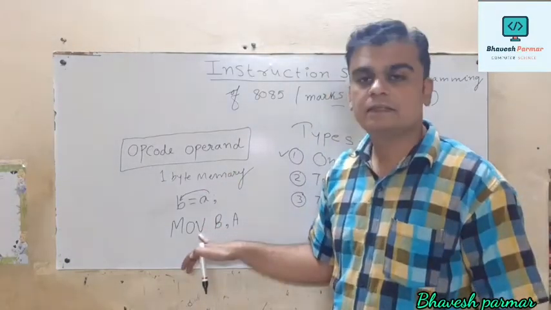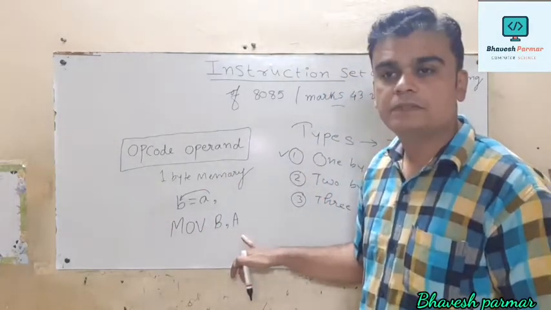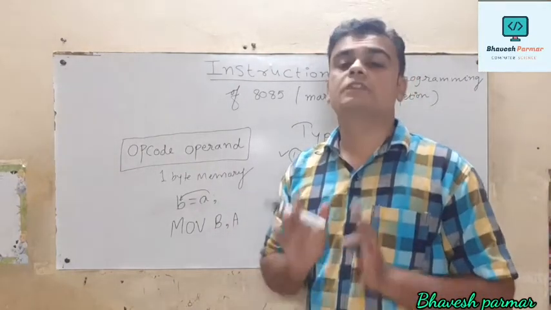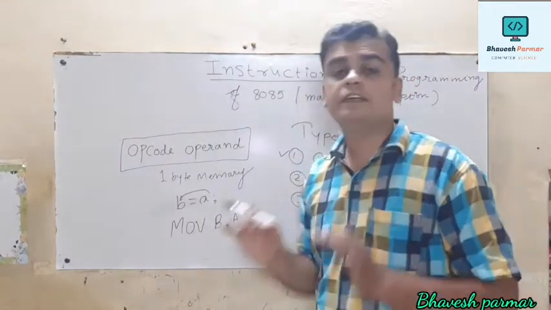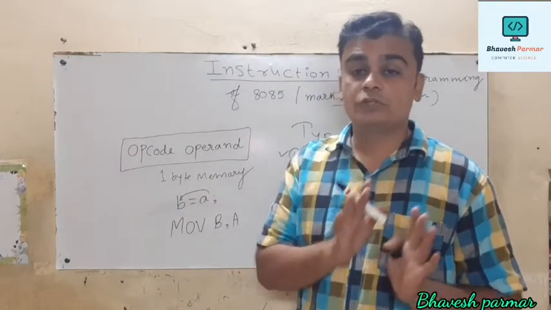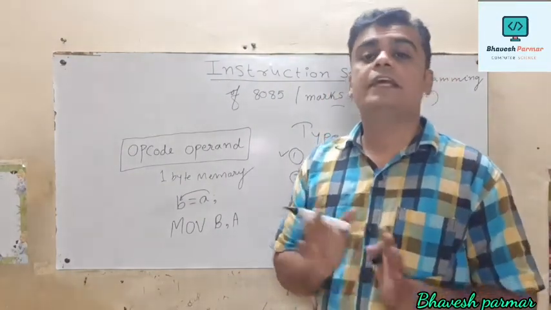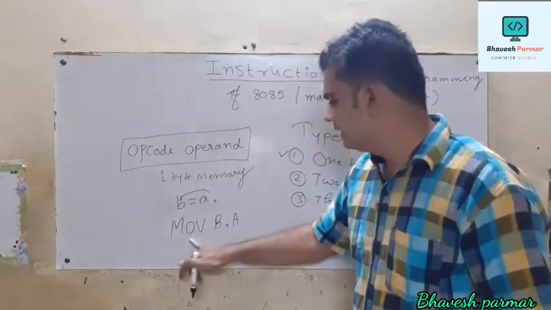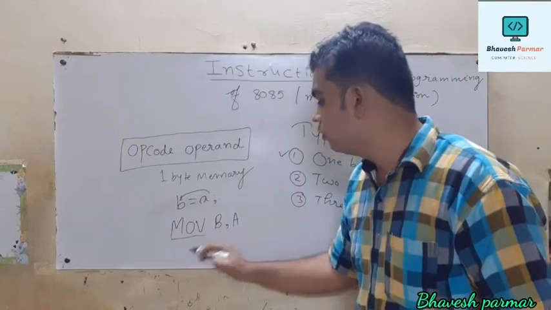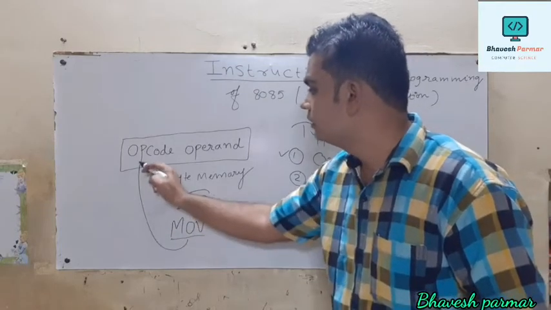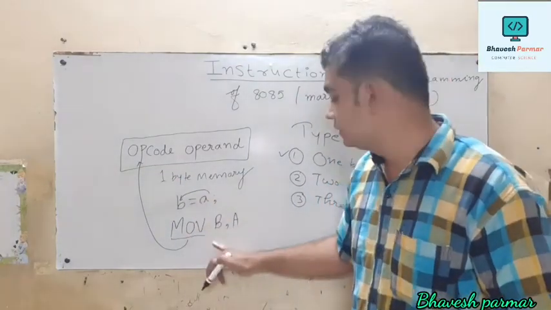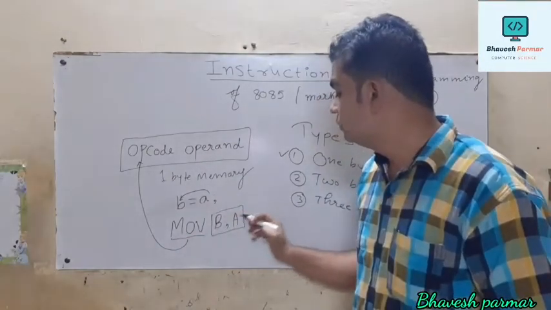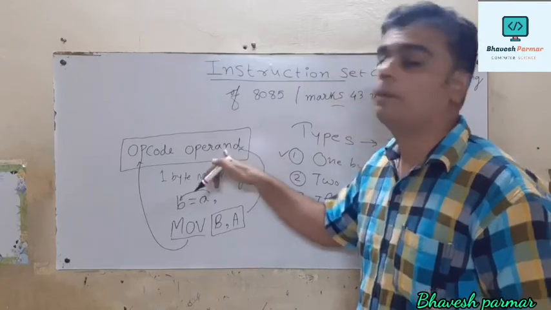In this case we have two different variables. But one more thing: when we study the microprocessor, especially the instruction set, we never use the word variable. Instead of the word variable, we use the word registers. In this instruction, MOV is my opcode, that is, operation code, and this operation is performed on these two registers, called operands.